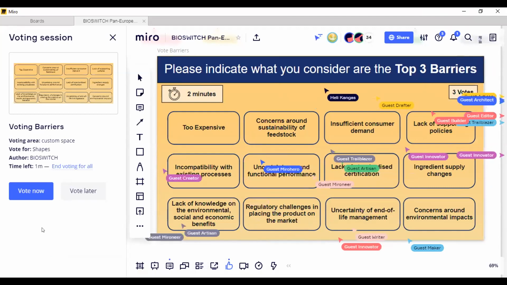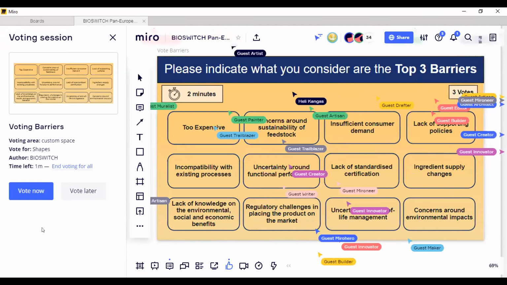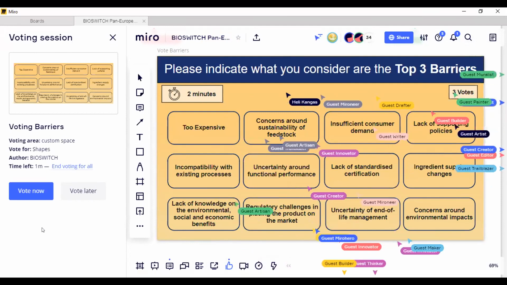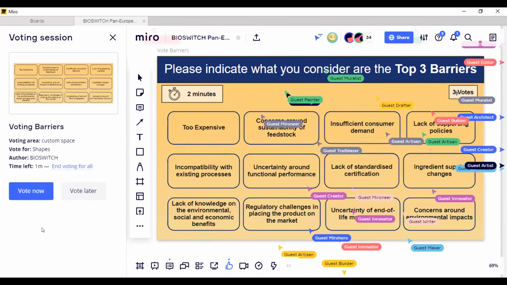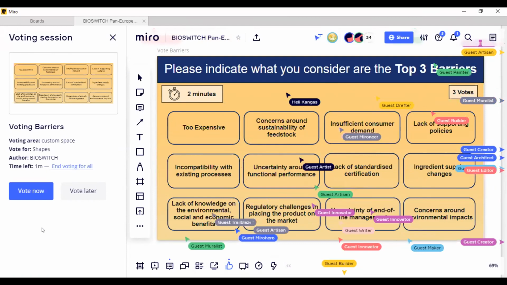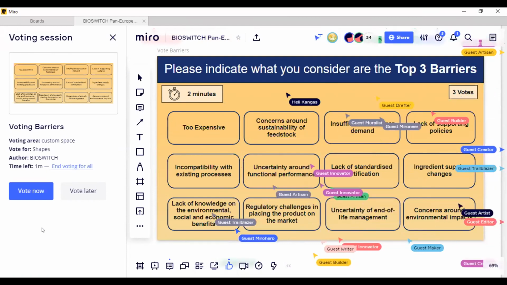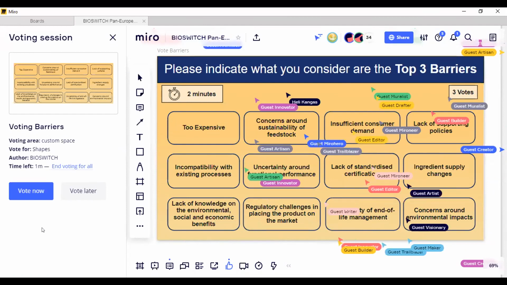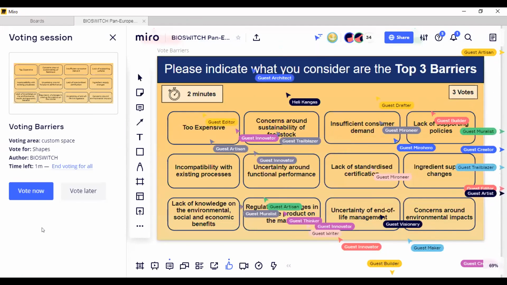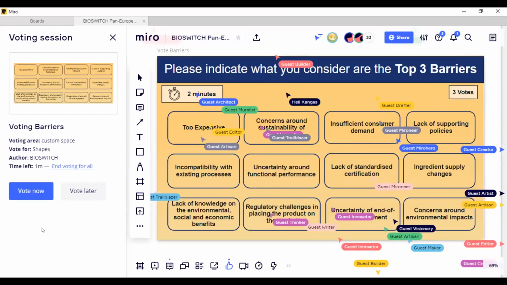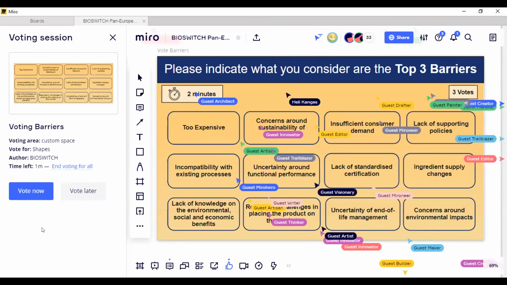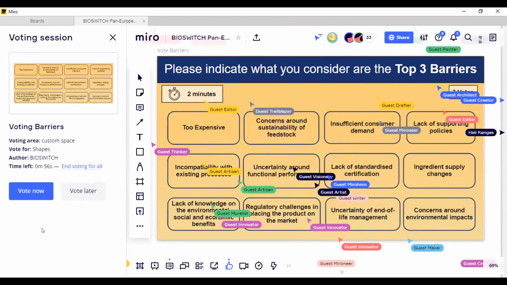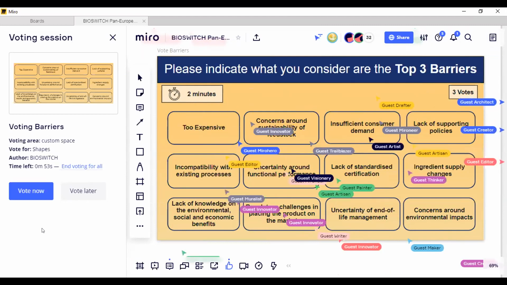The options are: too expensive, concerns around sustainability of feedstock, insufficient consumer demand, lack of supporting policies, incompatibility with existing processes, uncertainty around functional performance, lack of standardized certification, ingredient supply changes, lack of knowledge on the environmental, social and economic benefits, regulatory challenges in placing the product on the market, uncertainty of end-of-life management, and concerns around environmental impacts. You can choose 3 options.